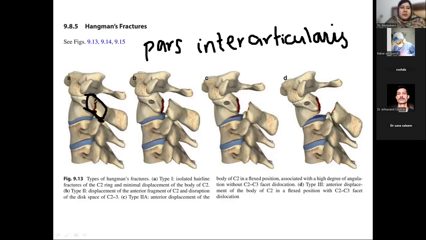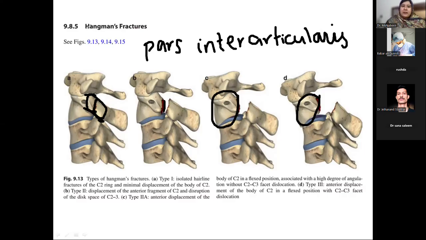So the fracture that involves the pars interarticularis, and obviously जब pars interarticularis का fracture होगा, it will cause instability of the C2 C3 joint, and the C2, that is the axis, will be dislocated or subluxed. It will dislocate from its normal position, and there will be subluxation.